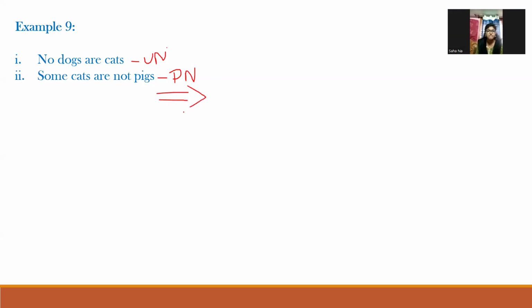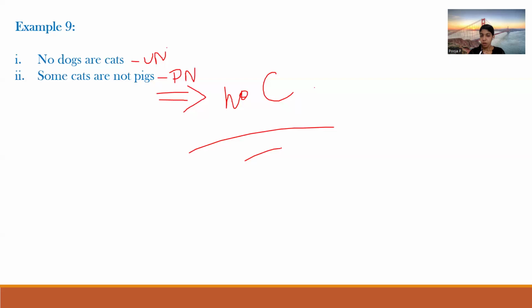Did all of you understand why no conclusion can be drawn? Irrespective of whether the statements are universal or particular, if both are negative, then you cannot draw the conclusion. Shall we move to the next one? Yes, ma'am.